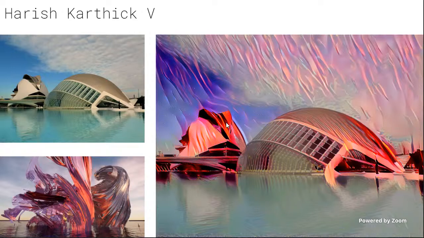Whereas the rest of it didn't get transferred as much onto the mass of the City of Arts and Sciences. So it went more or less to the background rather than to the subject here.